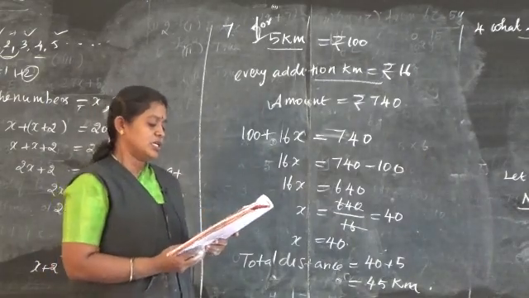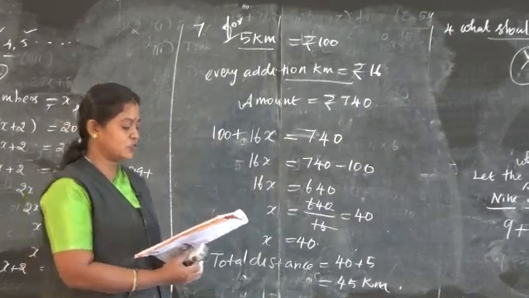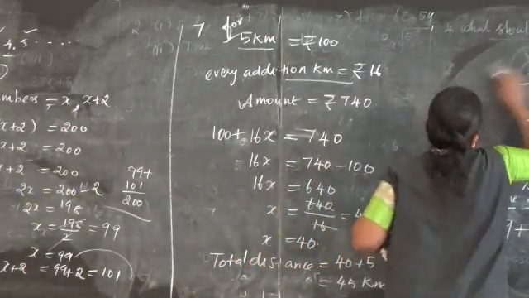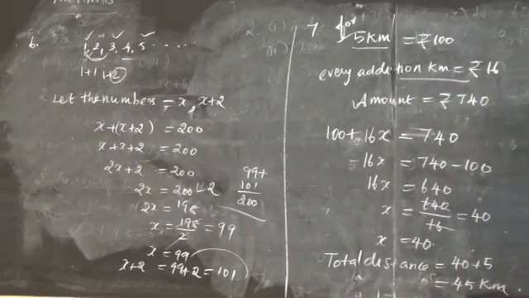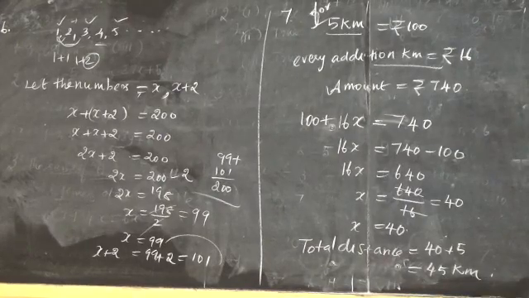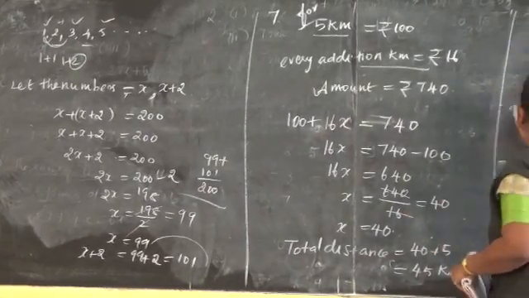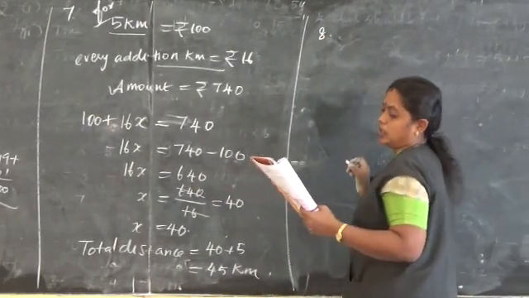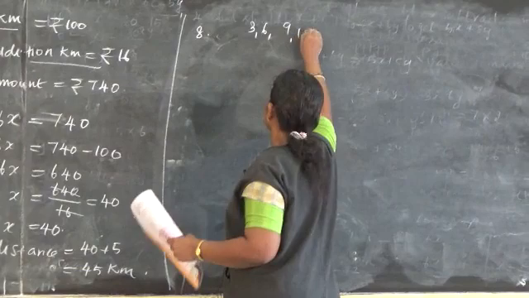The 8th question. The generalization of the number pattern 3, 6, 9, 12. What is the question they are asking you? What is the generalization pattern? General pattern we have to write now. Eighth one, 3, 6, 9, 12.